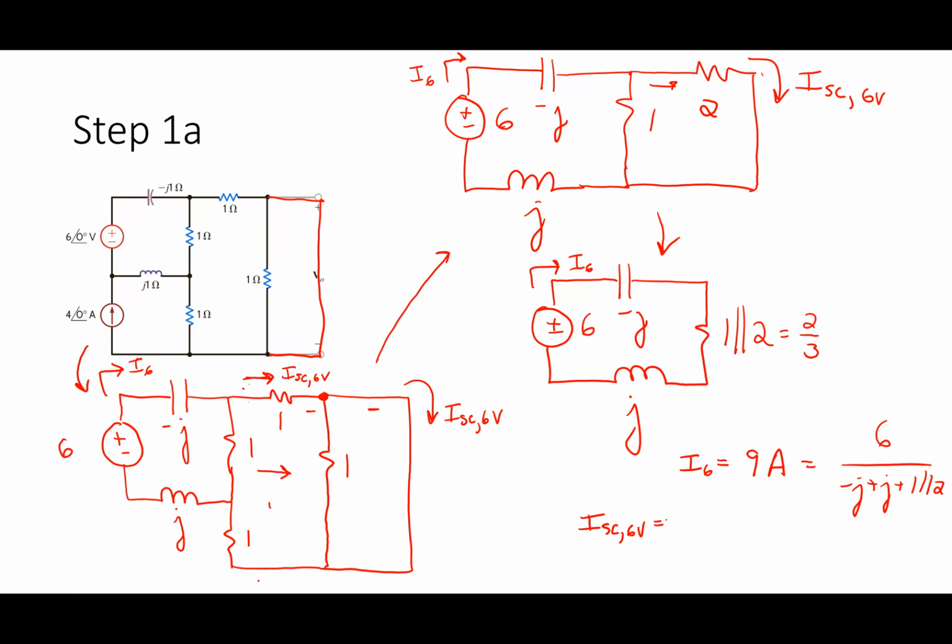Yeah, so I6 is the current that's entering here. I6 times 1 in parallel with 2. That's the voltage across that.